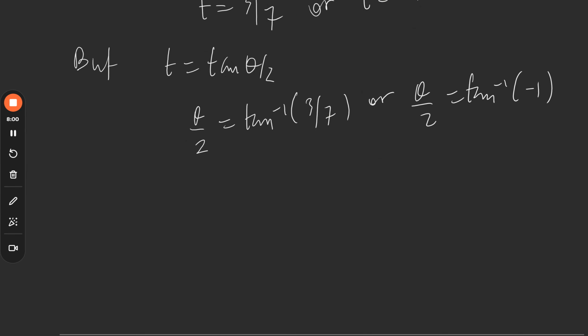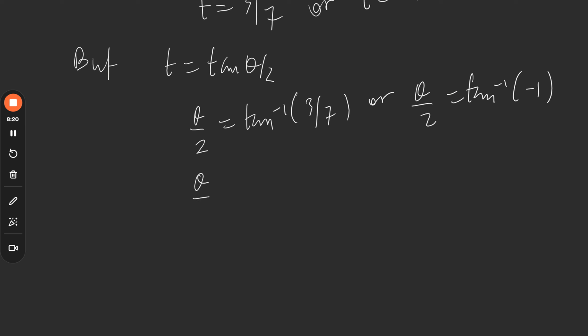So to proceed with the question, we now have tan inverse of 3 over 7. Shift tan 3 over 7, you have 23 degrees.